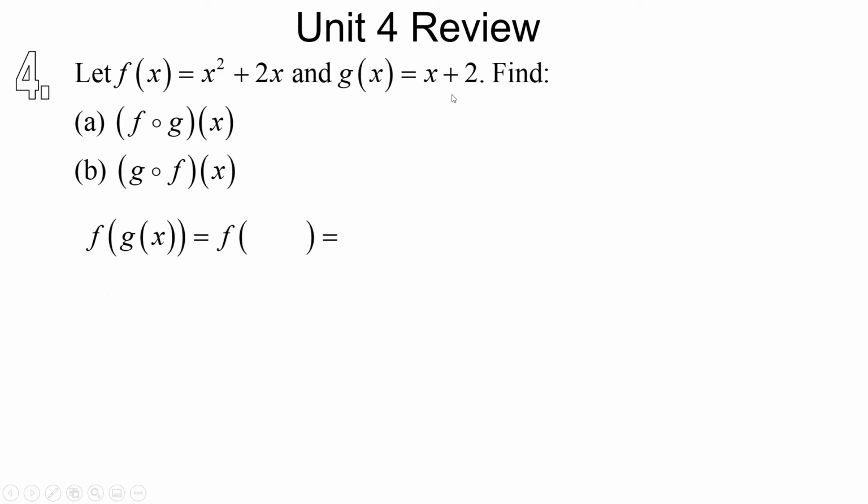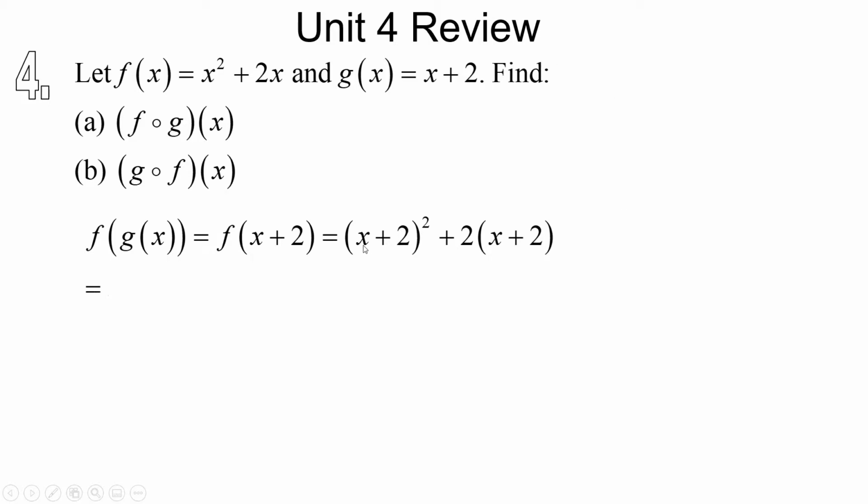And what is g of x? X plus 2. So that tells me I'm simply going to take this function f, but I'm going to replace every x with the quantity x plus 2. So x squared plus 2 times x becomes x plus 2 squared plus 2 times the quantity x plus 2. Now, all we have to do is simplify this.